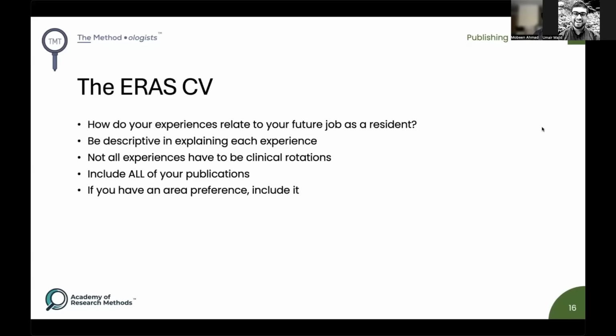Again, for example, for me, when I applied, I unfortunately did not have a lot of rotations because I applied during the year of COVID and a lot of rotations were closed. I was able to do some rotations, for example, with a physical therapist that I was working with. And during the time when I wasn't researching, was studying for my steps, I did a month's rotation with him.